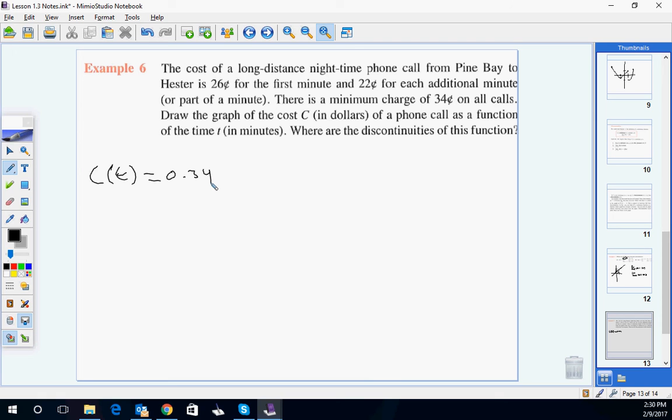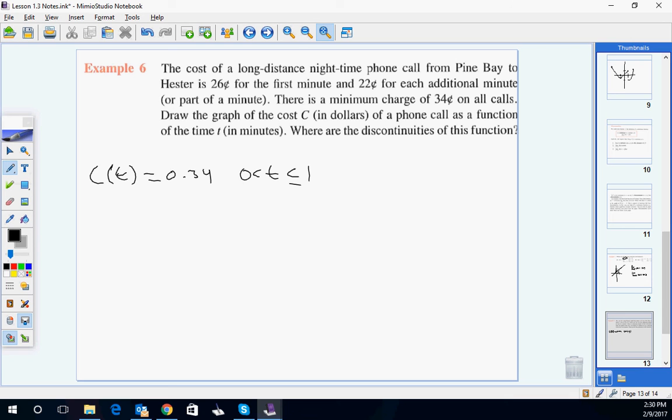After the first minute. So it's 0 less than t less than or equal to 1. 0 doesn't count because 0 would be no phone call. As soon as you hit 1, you're right at the 34 cents.